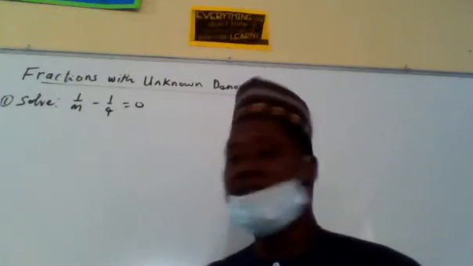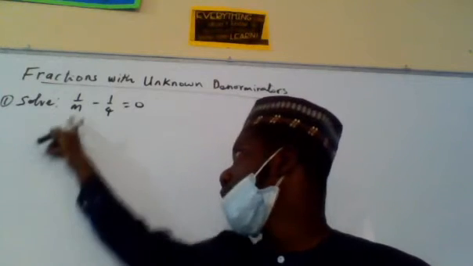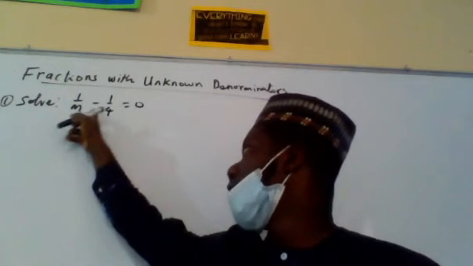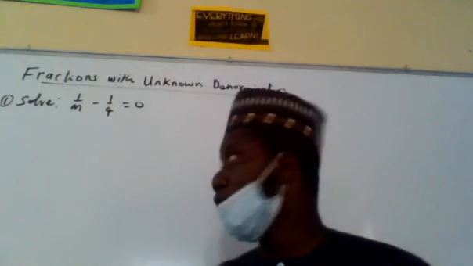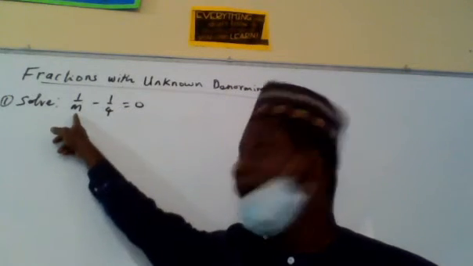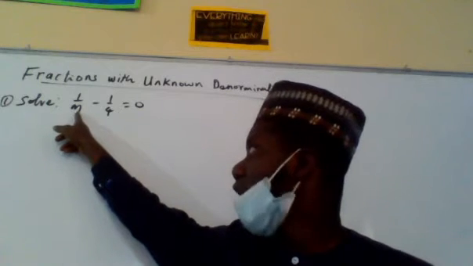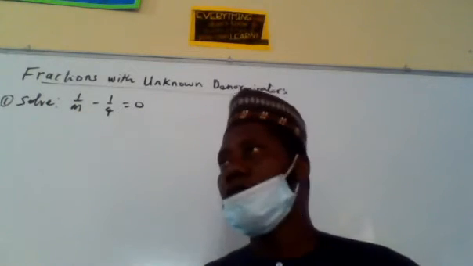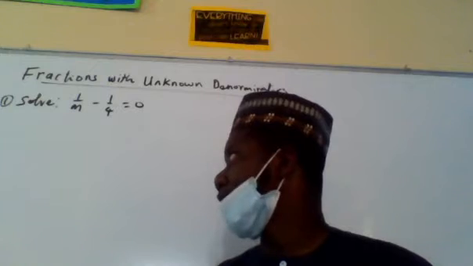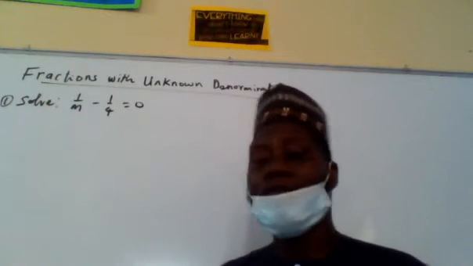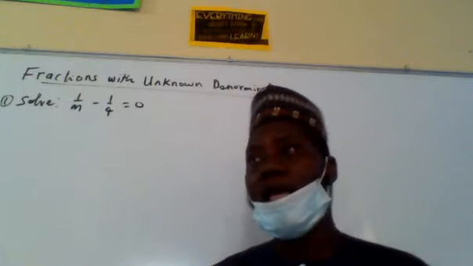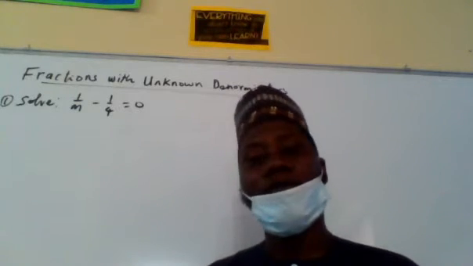Now, with the first example I have on the board, I have 1 over m minus 1 over 4 equals 0. The unknown in that fraction is m, and it can be found at the denominator. So if you want to identify the denominators we have there, we have m and 4, and our L.C.M is going to be 4m.